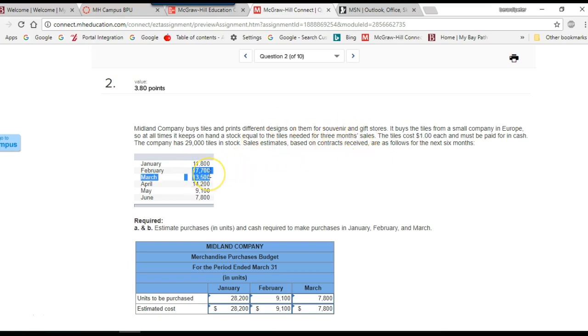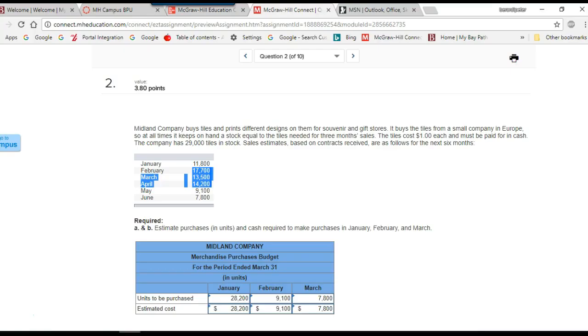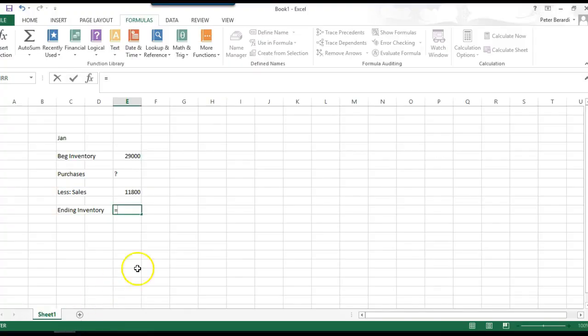So we're going to take February, March, and April sales and add them up: 17,700, 13,500, and 14,200.